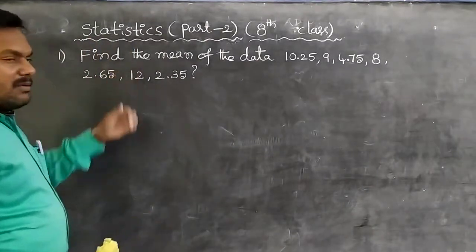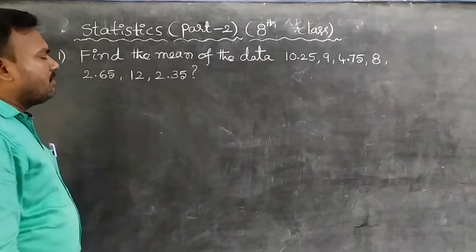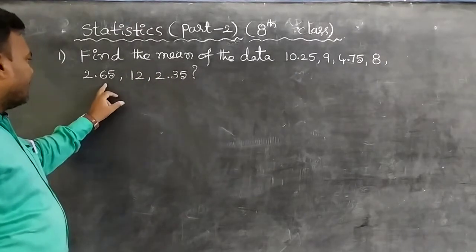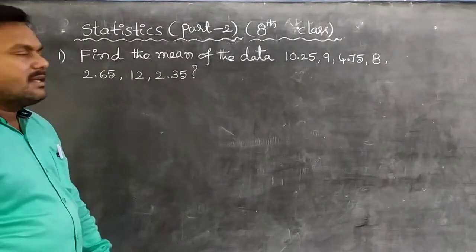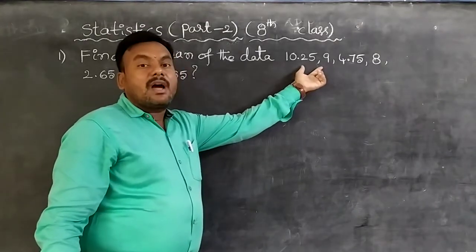Today observe the problem, all of you. First analyze it. Find the mean of the data 10.25, 9, 4.75, 8, 2.65, 12 and 2.35. So here, these are the observations or items.